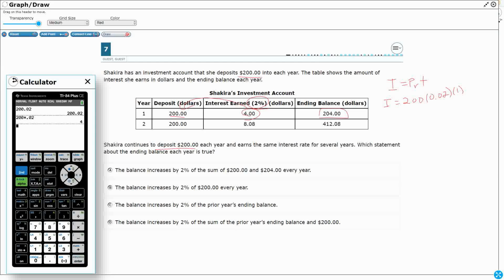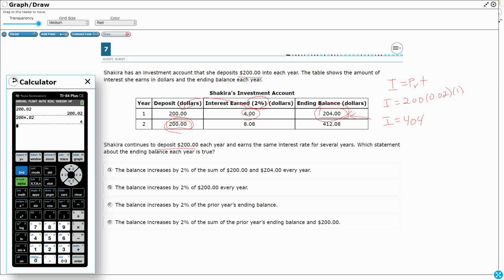Now, for our second year, numbers have changed. Our principal is now our ending balance. That 204 plus, remember, she's doing an extra deposit of 200 every year. So this principal is now going to be $404 because she ended the year with 204, and then she's adding another 200. Now we calculate interest.